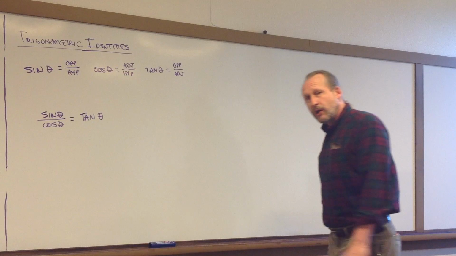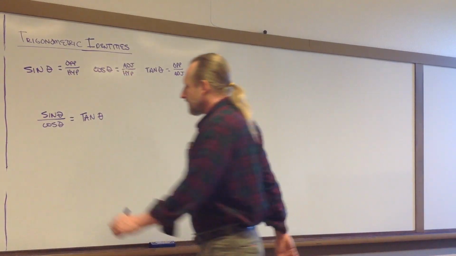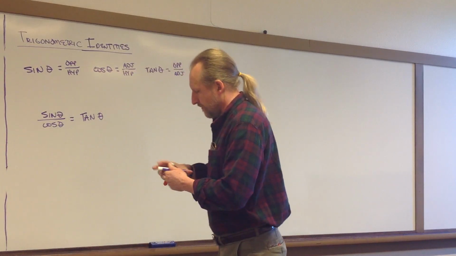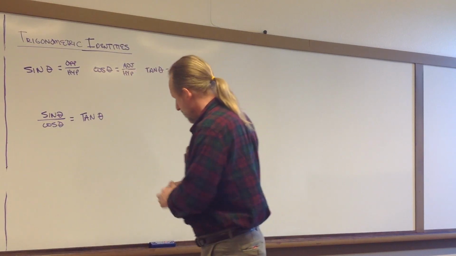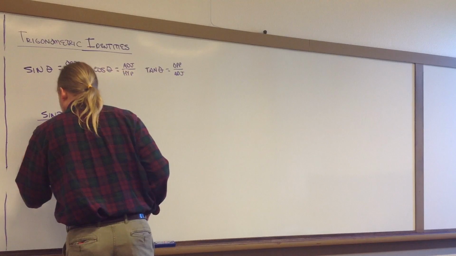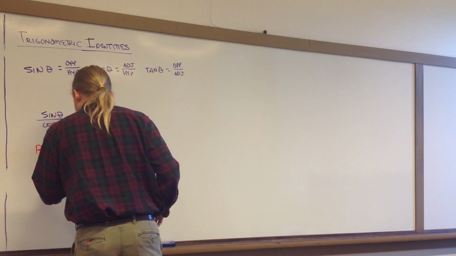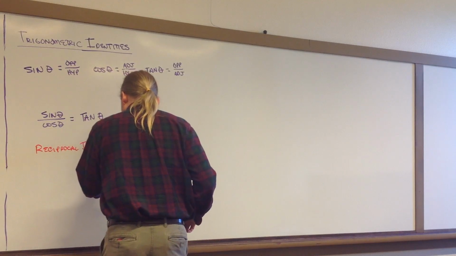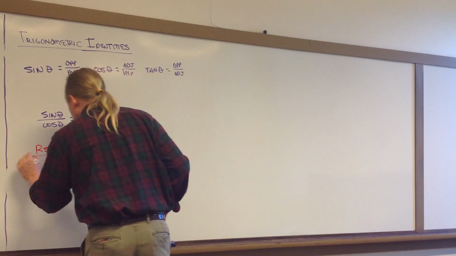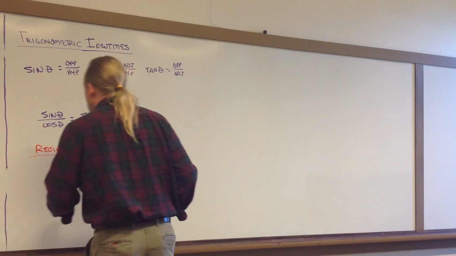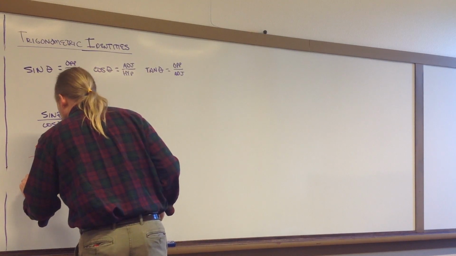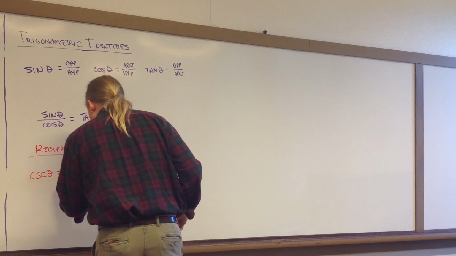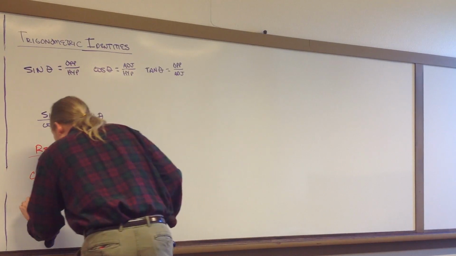Then we have what are called reciprocal identities. And these are really just definitions, which is that the cosecant is the reciprocal of the sine function.